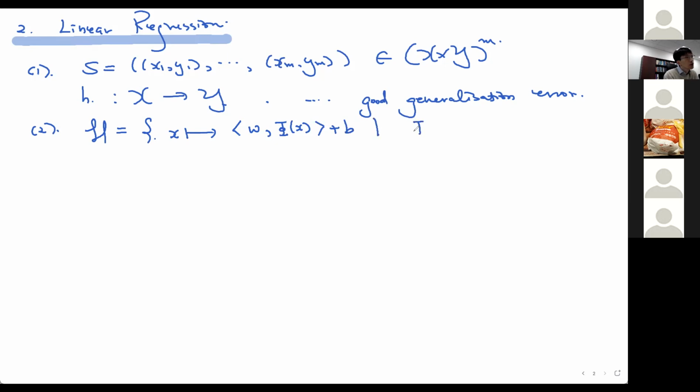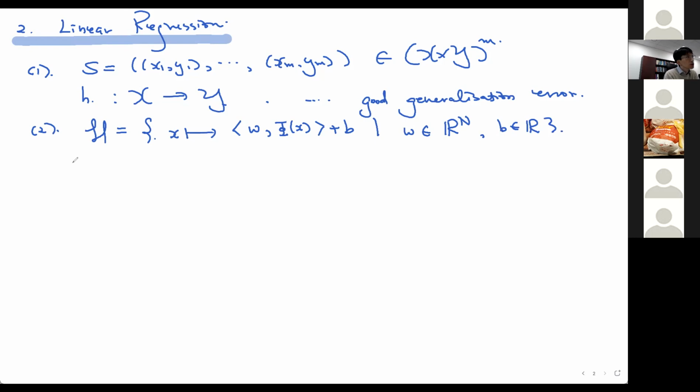Here, w is a vector in n-dimensional space, and b is a real number.